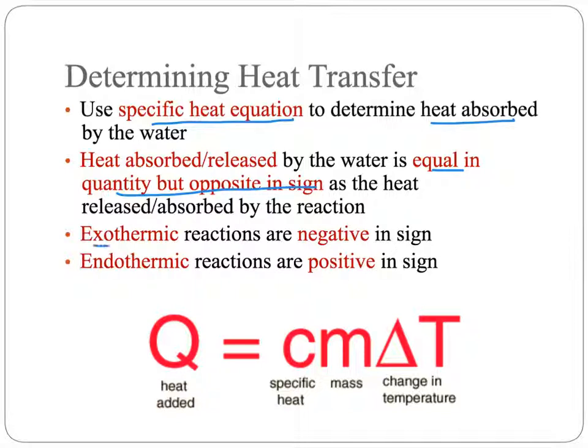Remember that when energy moves out, when it's an exothermic reaction and heat is released, we use a negative sign, and when it's an endothermic reaction, when heat is absorbed, it's a positive sign. So our specific heat equation, remember, is Q equals Cm delta T, or mc delta T, depending upon which way you want to write things in order.